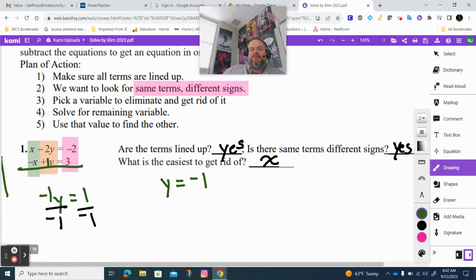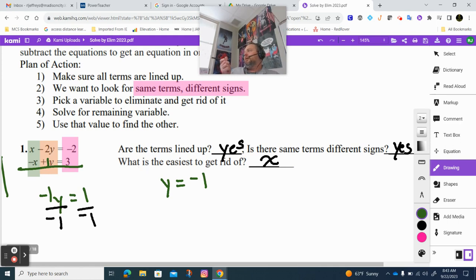Wouldn't x be 0? Well, how would we? Let's think about that. Could we use this y value to plug back into one of these two equations? Yeah. Okay. I like it.